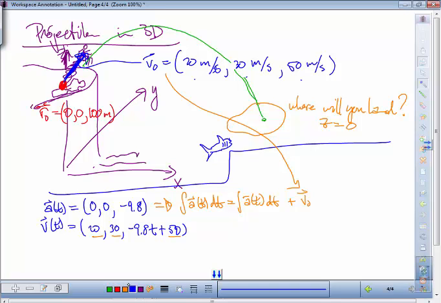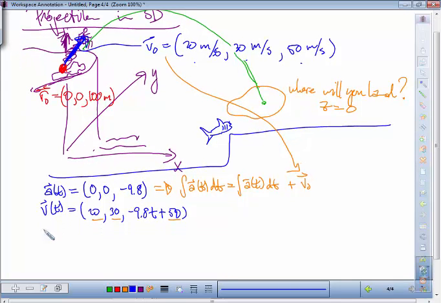And we'll do the same, and we'll get the information about your position. Let's call this R of t, for your position. Antiderivative of 20 is 20t. Your constant is your initial position this time. The initial position is 0 in the x. 30t plus your initial position in the y is 0.